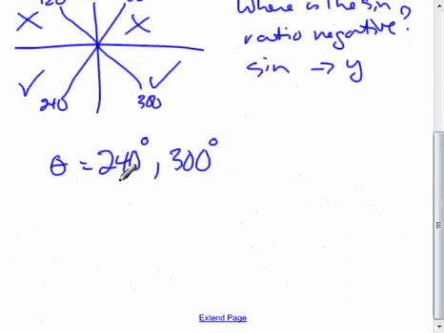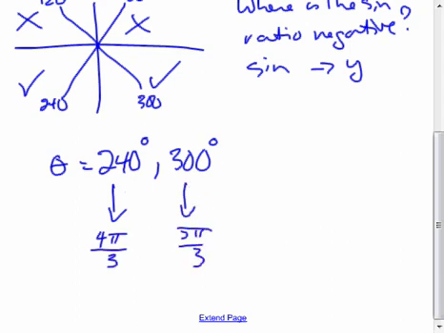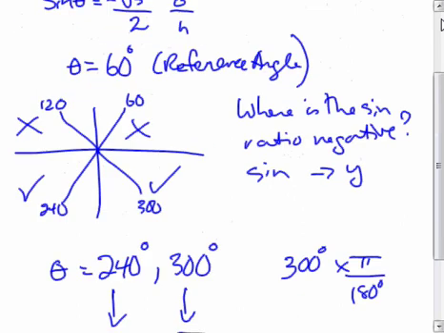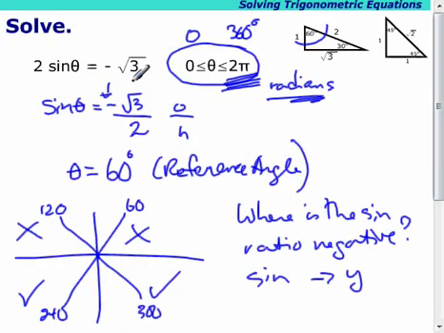So at the end of the question, that's what I would typically do, is convert this to radians. I believe this one's 4 pi over 3, and this one is 5 pi over 3. I could do those as we've seen before. I could take 300 degrees and multiply it by pi over 180, do a simplification, it'll come out to 5 pi over 3. Okay, so there's another example of solving a trig equation.